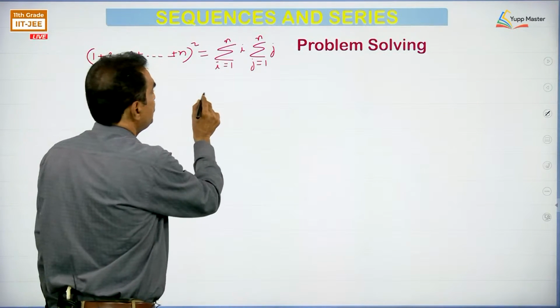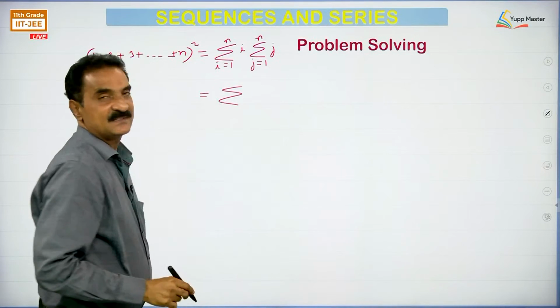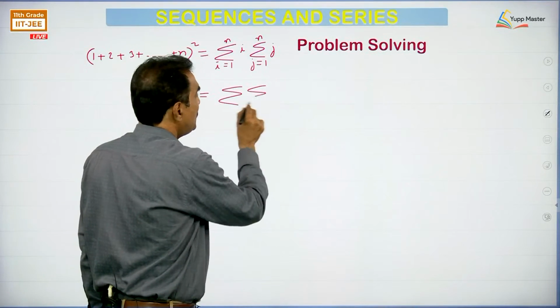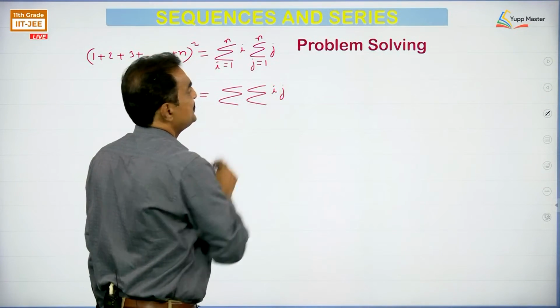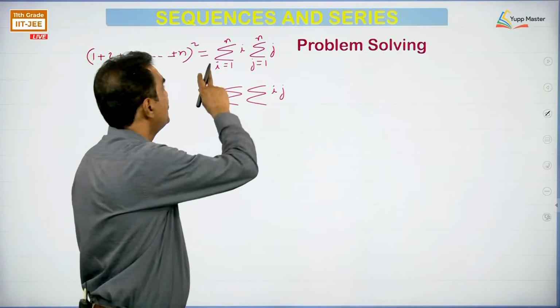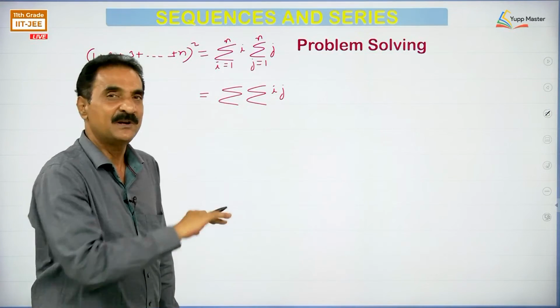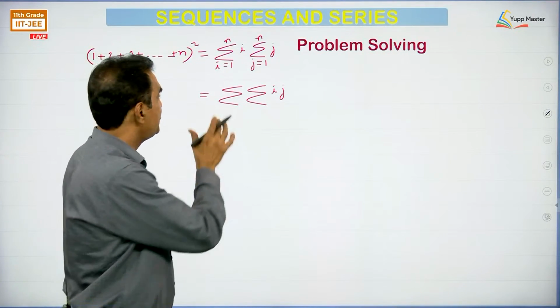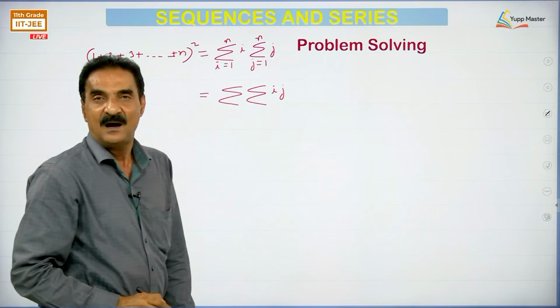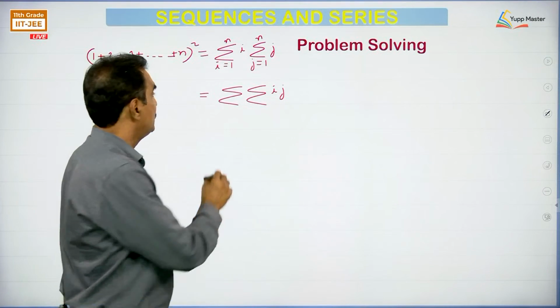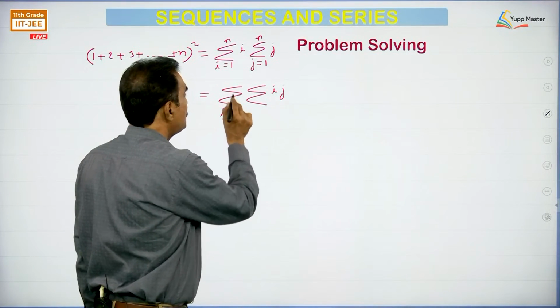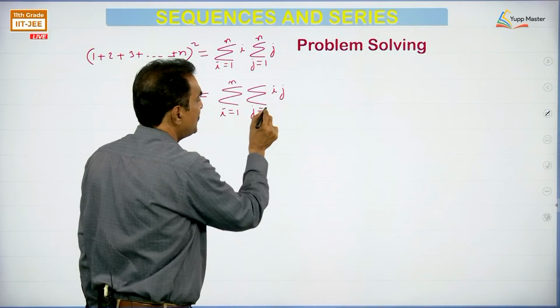Now this can be expressed as sigma sigma i into j. No need to write i after first sigma, j after second sigma. You can club them and write it as sigma sigma i j, i varies from 1 to n, here j varies from 1 to n.